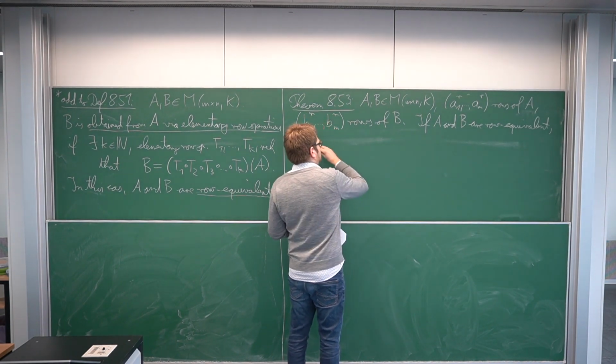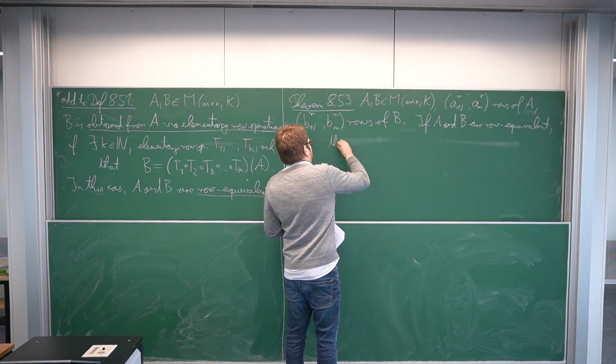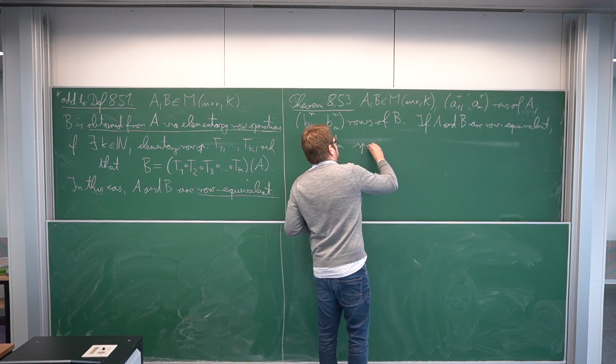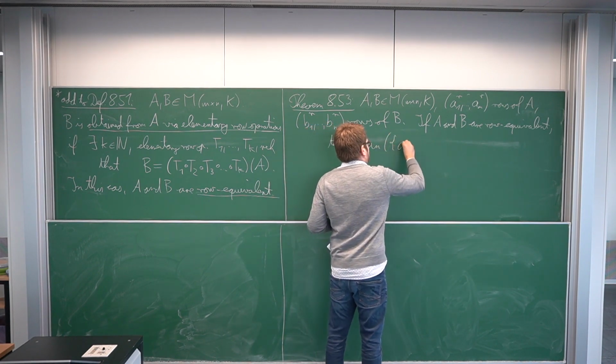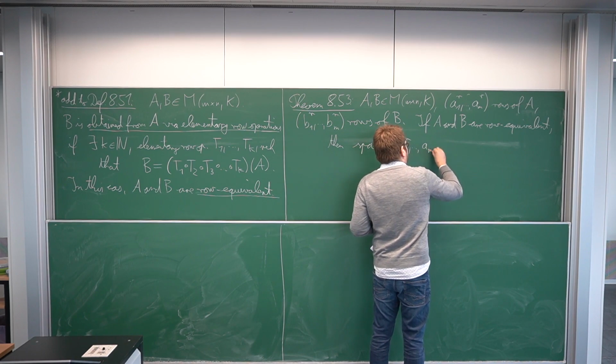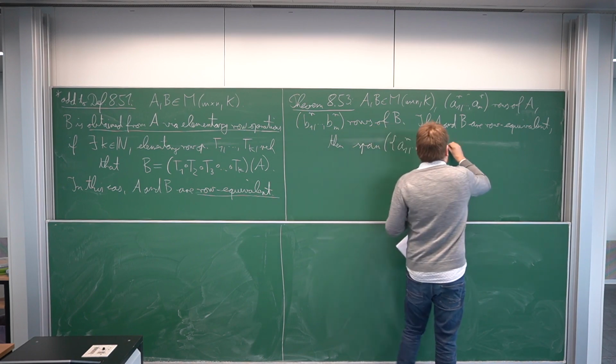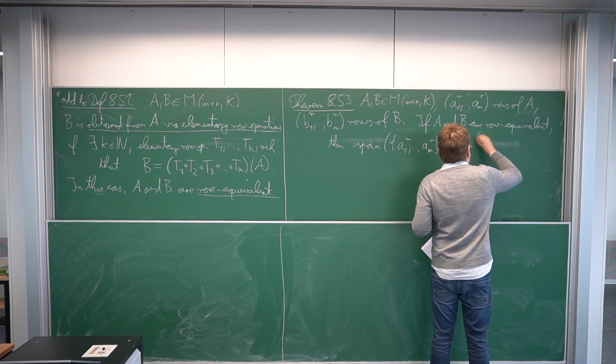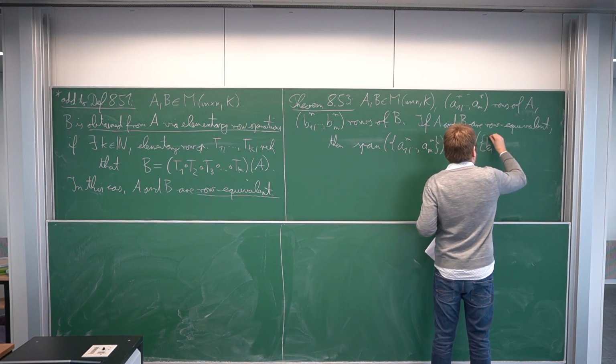So in this case, if they're row equivalent, then the span of A1R to AMR is the same as the span of B1R to BMR.